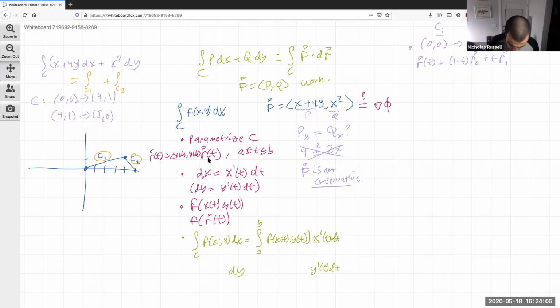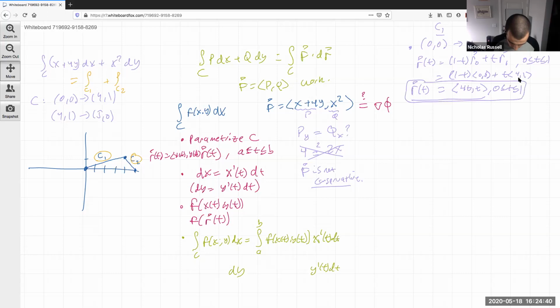And we know t is going to be between 0 and 1. r0 here is just (0, 0), that's really nice, plus t times r1, which is (4, 1). And I hope you'd agree this means that this entire thing goes away, and I'm actually just left with 4t and t. This is my parameterization, where t is between 0 and 1.